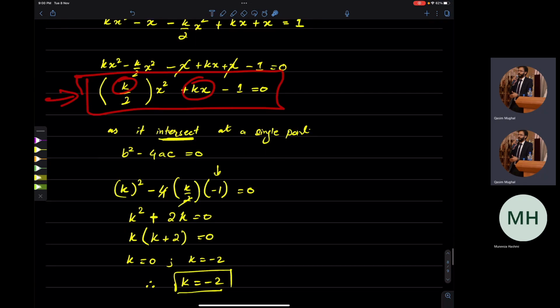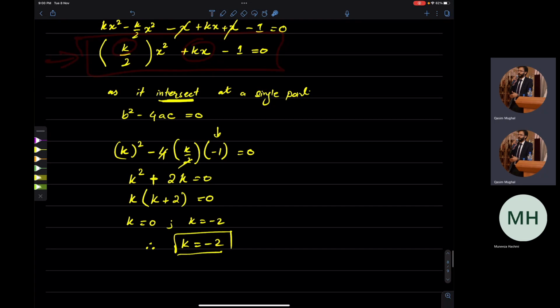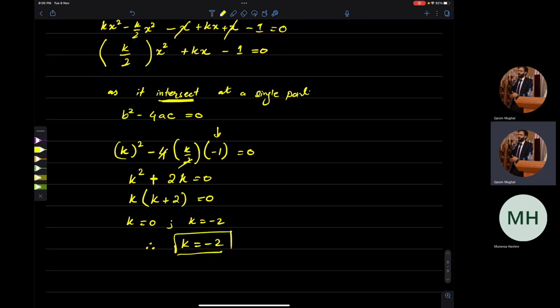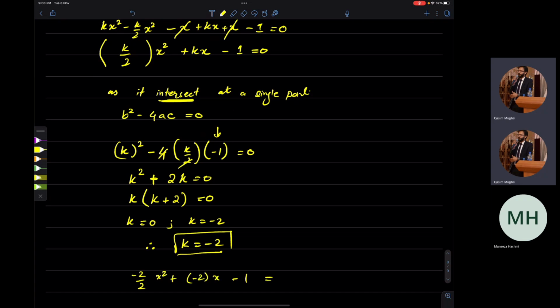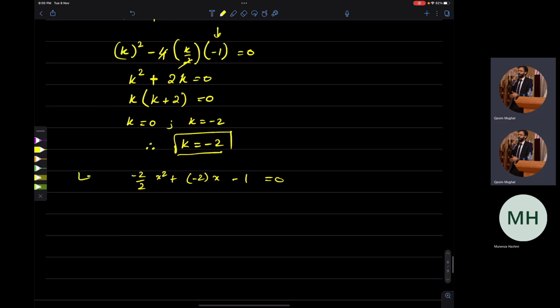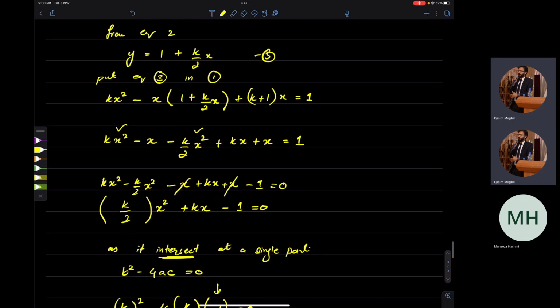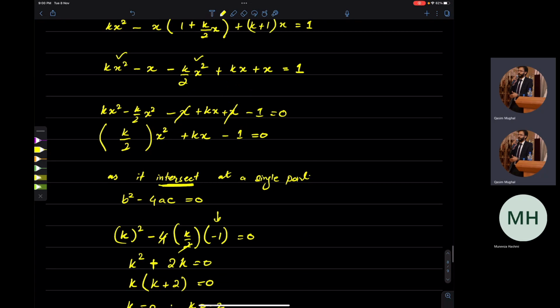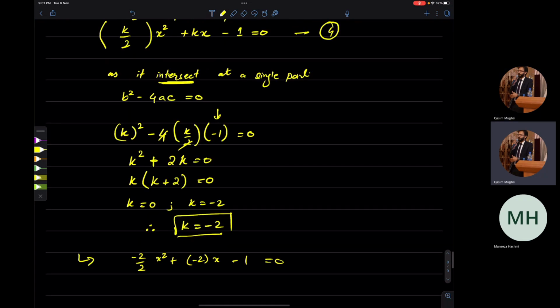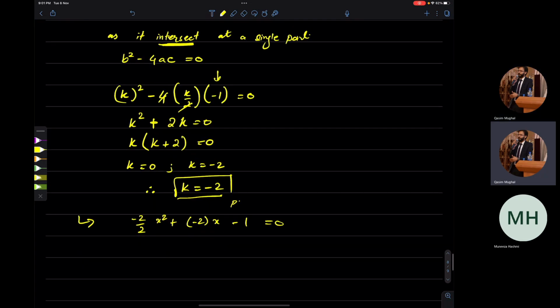So minus 2 over 2x squared plus minus 2x minus 1 equals 0. You can even name this equation so that you can tell the examiner where you're plugging it in. You can put here: put k equals minus 2 in equation 4.